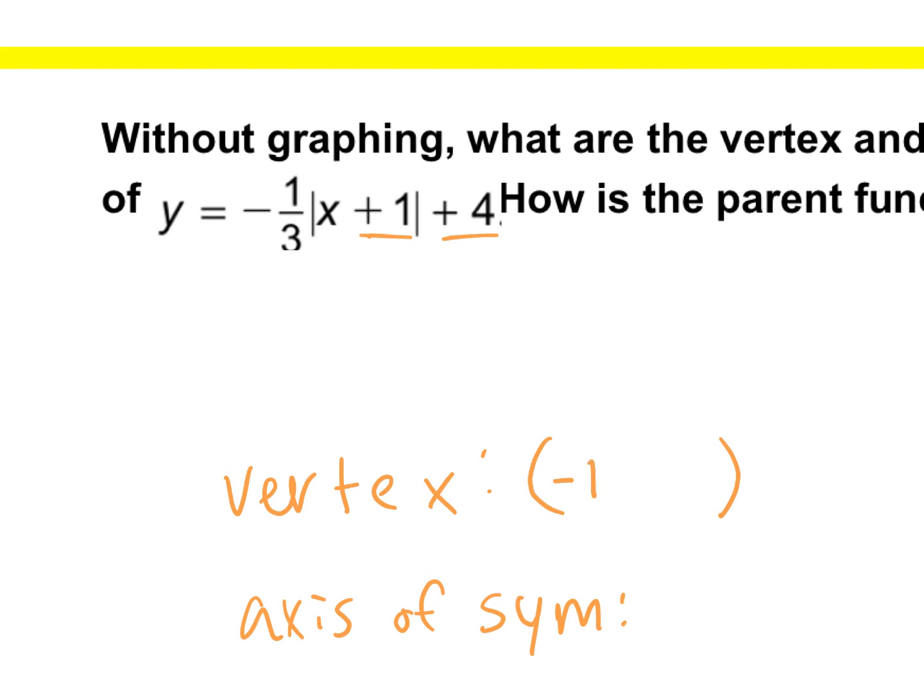So it would be negative 1, 4. So that's our h and our k. So remember, you always change the sign of your h. And then our axis of symmetry would be what? Negative 1. x is equal to negative 1. Can't forget that x is equal to.